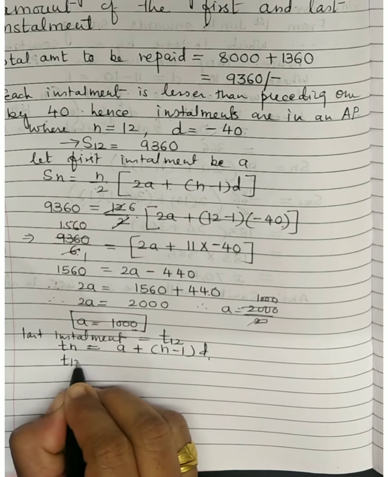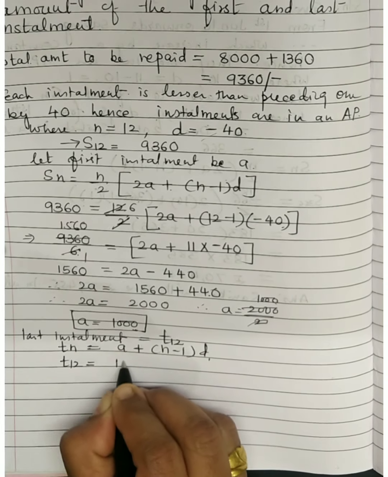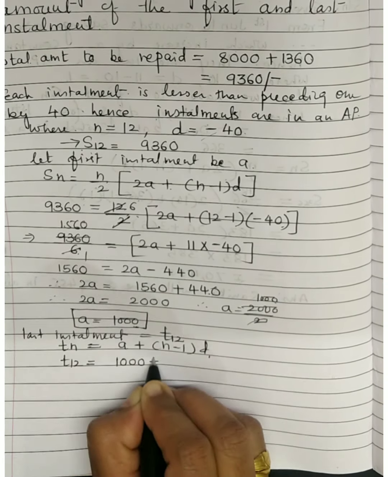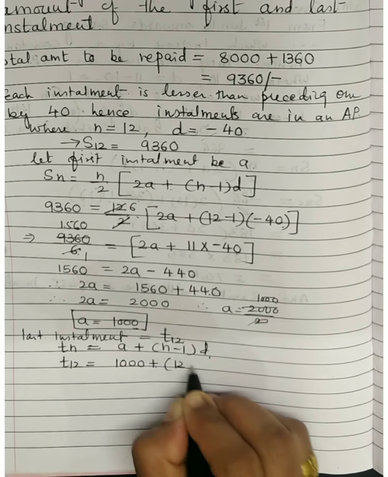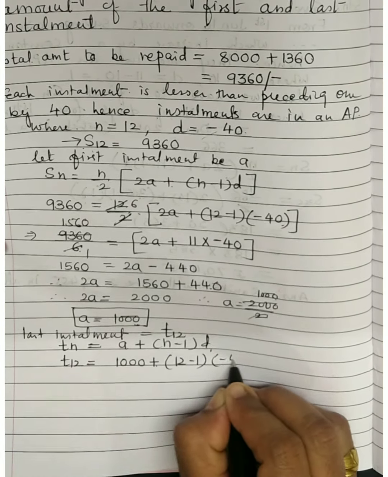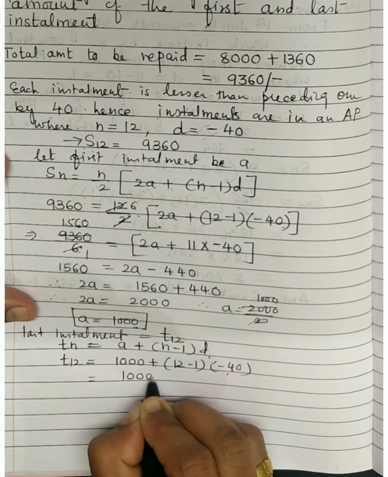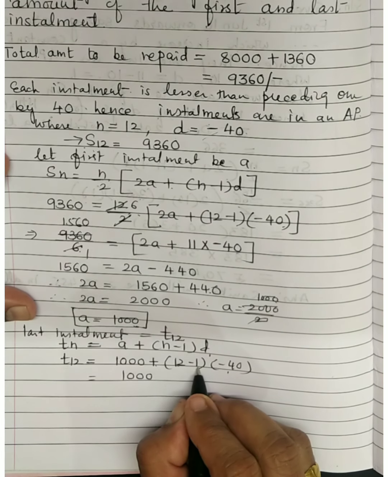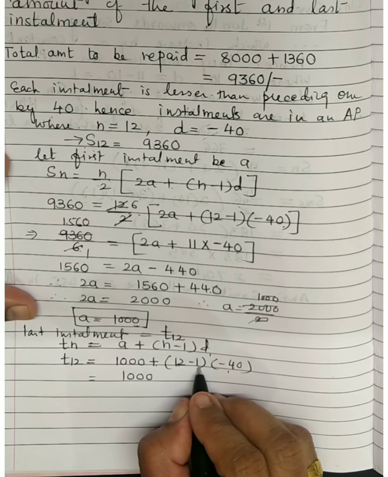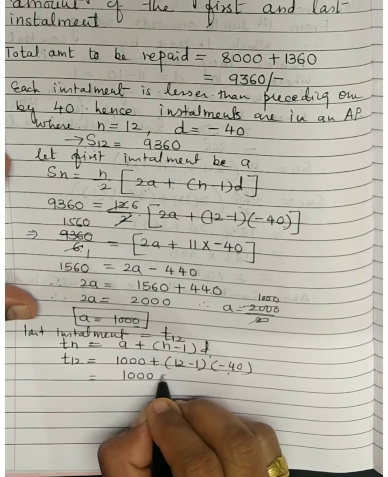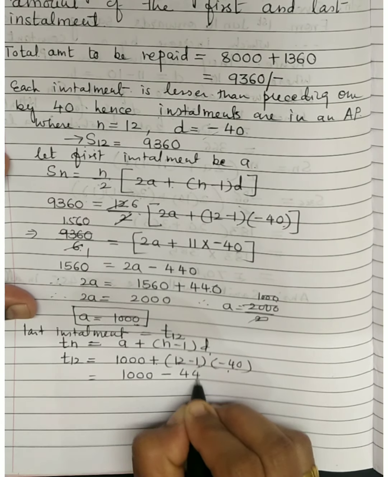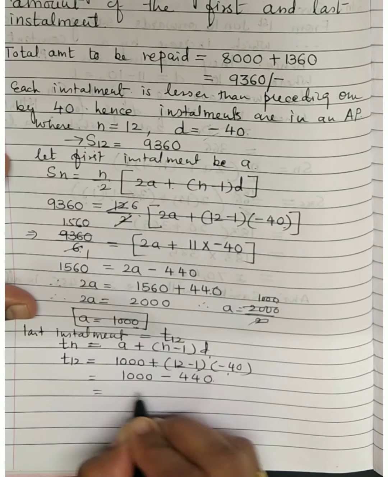T12 is a, that is 1000, plus 12 minus 1 into minus 40. So 1000, 12 minus 1 is 11, into minus 40, that will be minus 440.